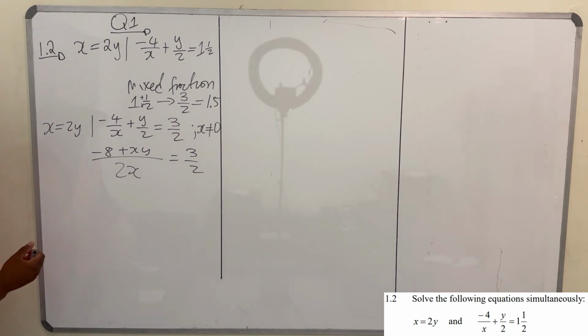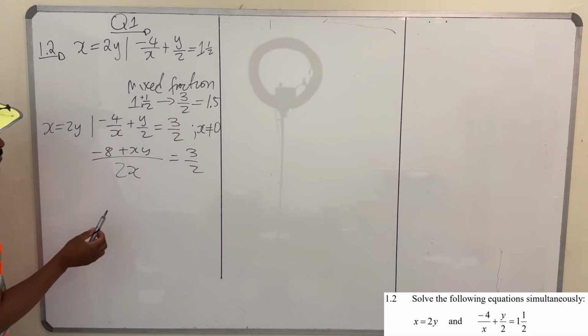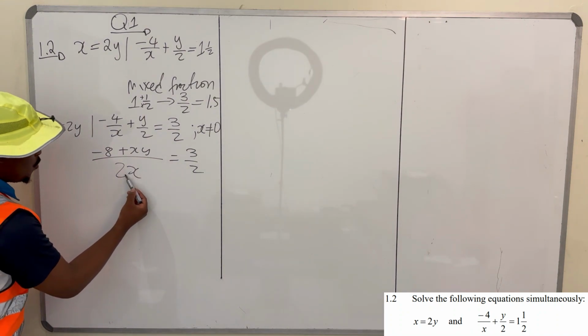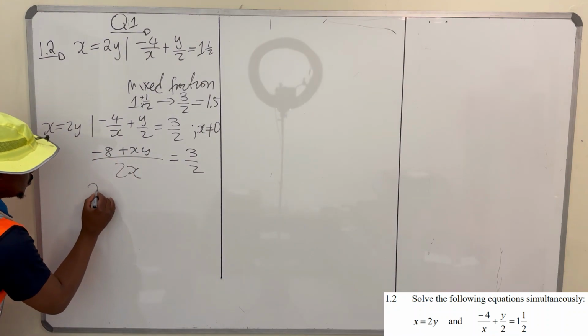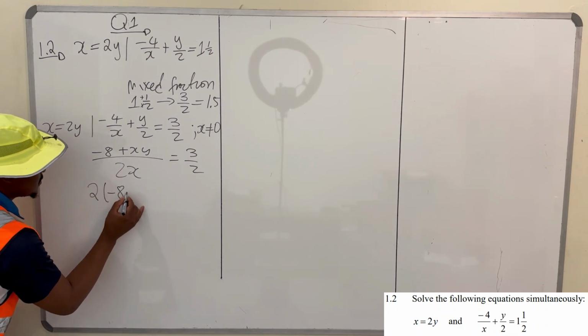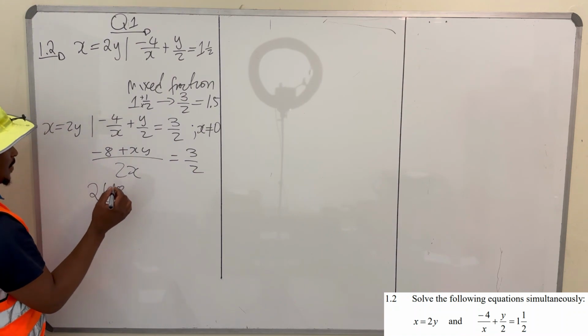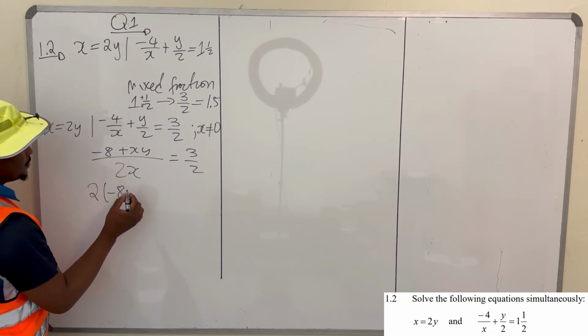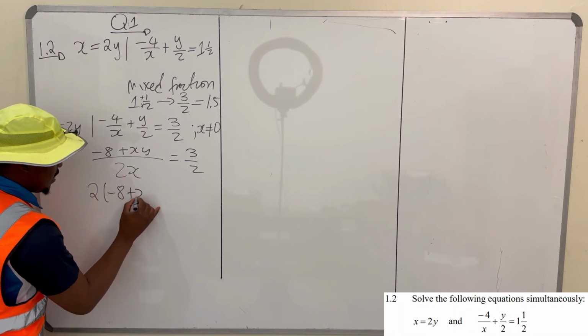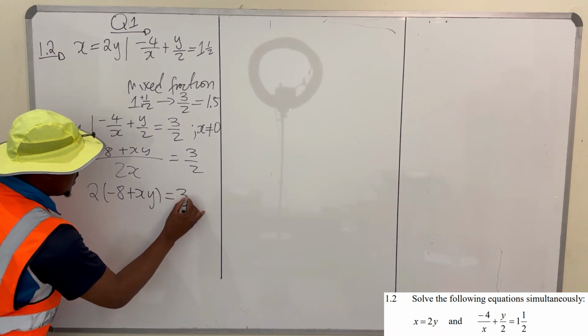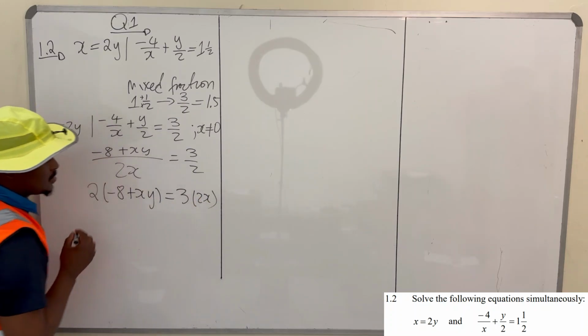What do we do from here? From here, you can cross multiply, right? Which is 2x times 3, and this times the whole thing. So we have 2 times minus 8, plus xy, is equal to 3 times 2x.